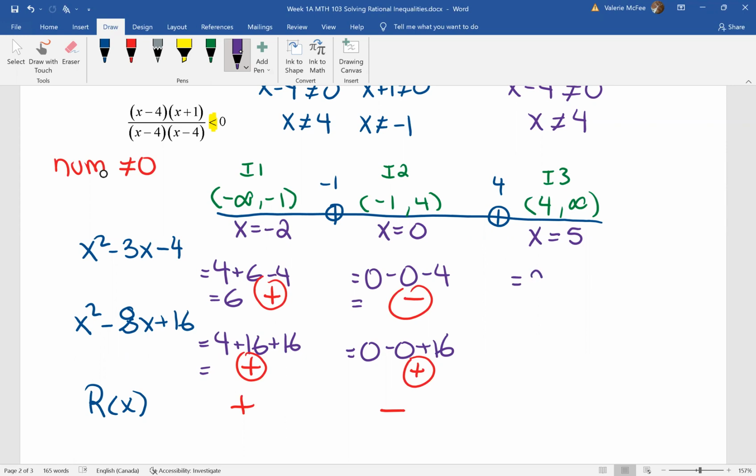So now we've got 5 squared, negative 3 times 5, minus 4. What does this equal? 6. It's positive. Substituting 5 into the denominator, I have 25, negative 8 times 5, minus 40, plus 16.